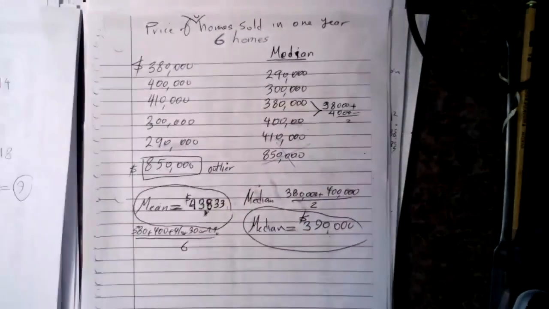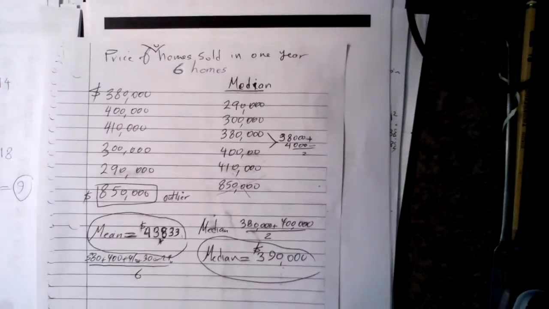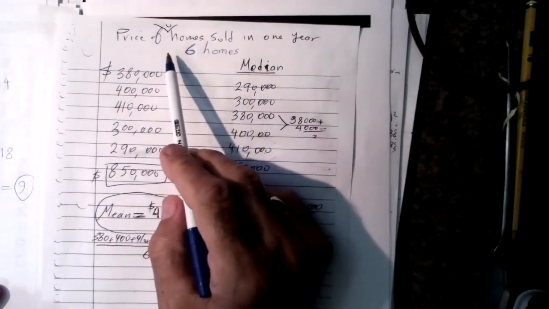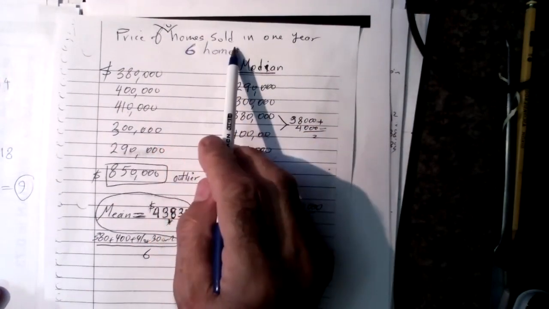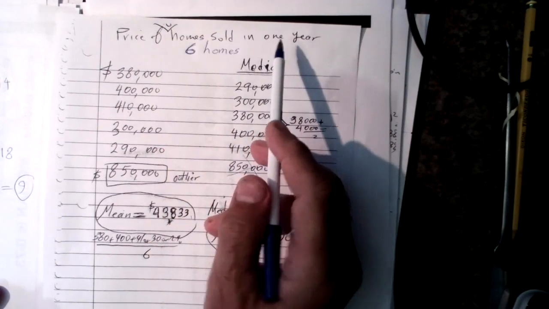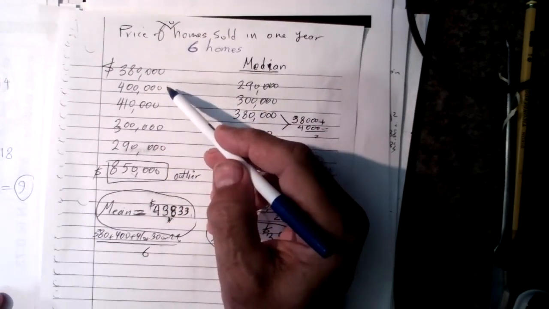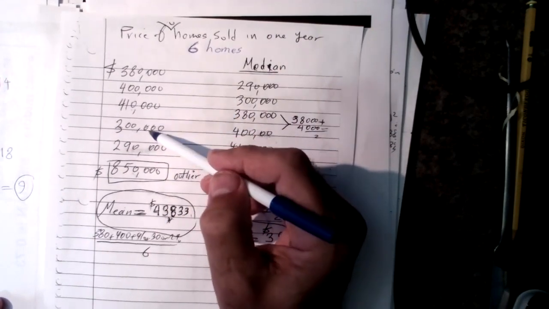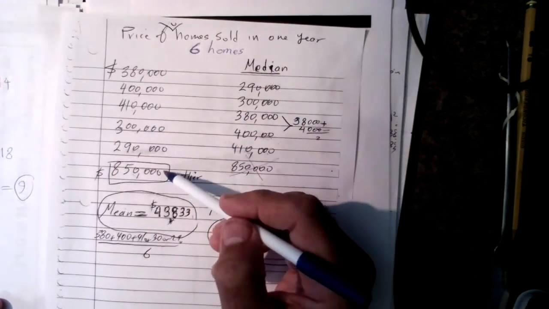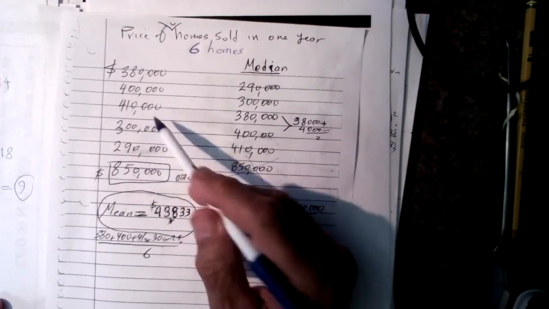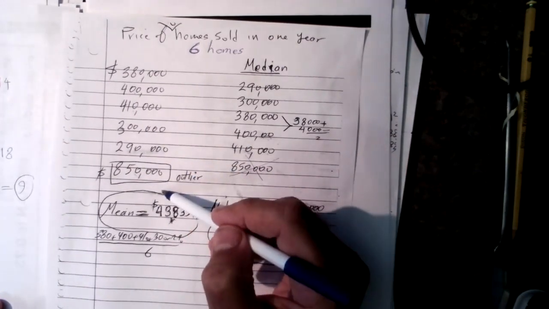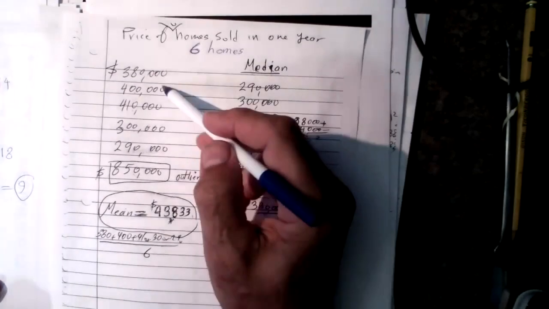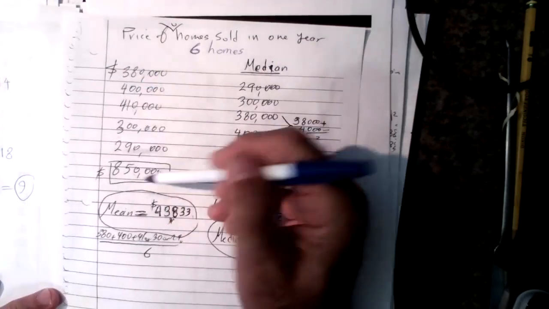Now this example shows you one of the major differences between the mean and the median. Here we look at the price of 6 homes sold in one year in one area of town. The prices of the homes sold were 380,000, 400,000, 410,000, 300,000, and there was a home sold in the same neighborhood for 850,000. We call this an outlier because it completely deviates from the other numbers.